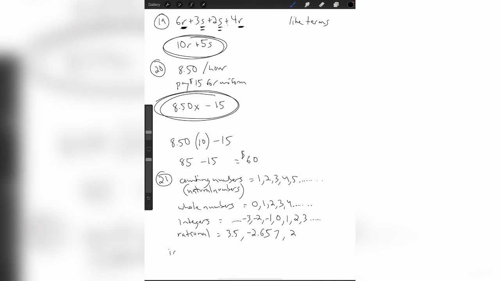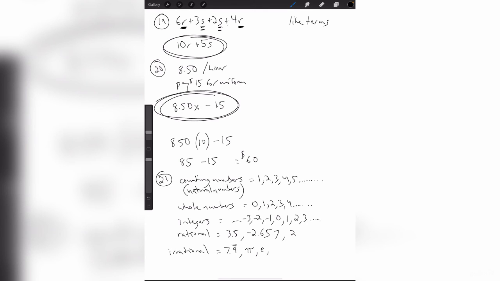And then there are irrational numbers. Irrational numbers go on forever and ever. Like 7.9 repeating, and the 9s go on and on. A famous irrational number is pi. When you get older and learn further into math, you'll learn about e.